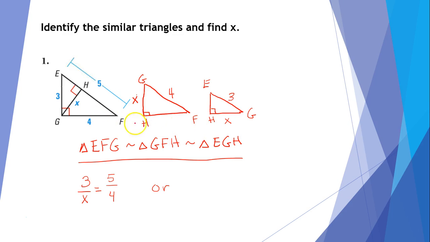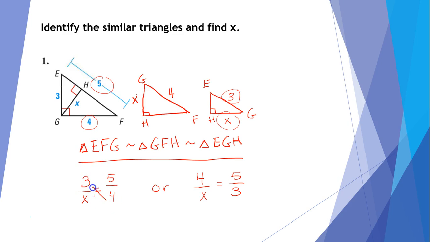So for this one, I would say 4 over x, because those are the two corresponding sides, is equal to 5 over 3. And then next step, you will see it didn't matter which triangle you actually choose to find x. They're both going to be the same thing.